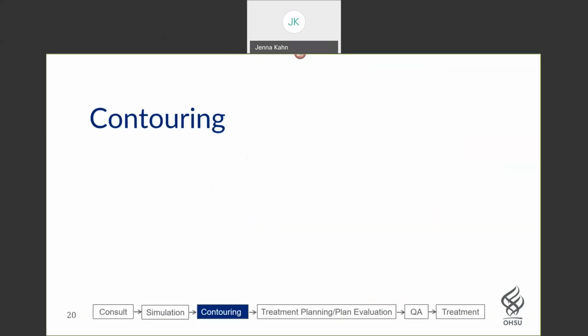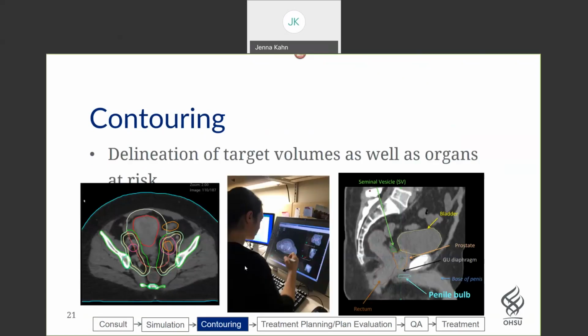Once we are done with the simulation, the CAT scan or imaging, such as an MRI, gets pushed over into the treatment planning software, and that is when the contouring takes place. Contouring is the delineation of target volumes as well as organs at risk.